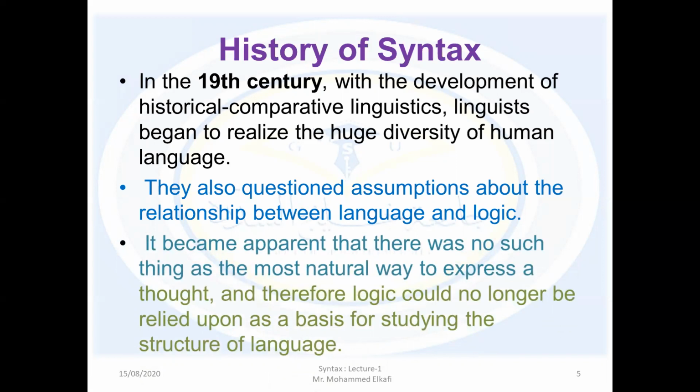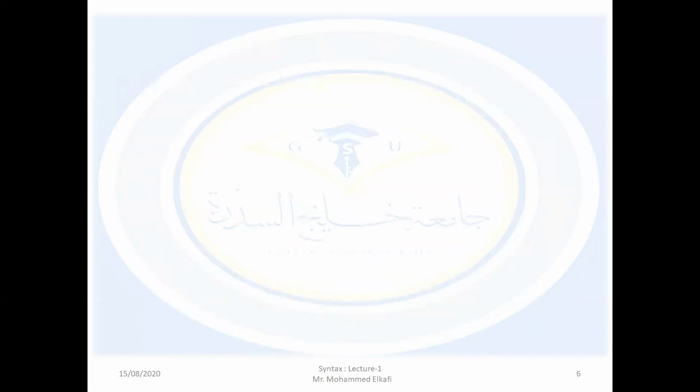It became apparent that there was no such thing as the most natural way to express a thought, and therefore logic could no longer be relied upon as a basis for studying the structure of language.